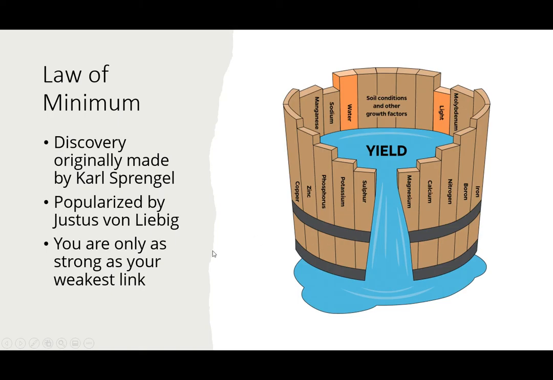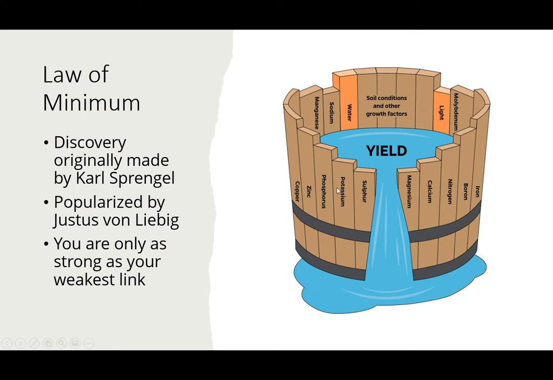So the law of minimum is important, I think, to understand more of what phosphorus does, or the importance of phosphorus. The law of minimum is saying you are only as strong as your weakest link. So this bucket right here has this short peg, and that shortest part is going to determine how much water is going to be in that bucket.